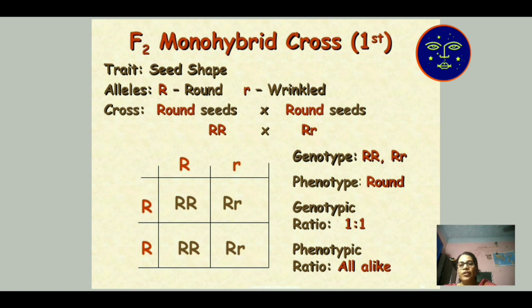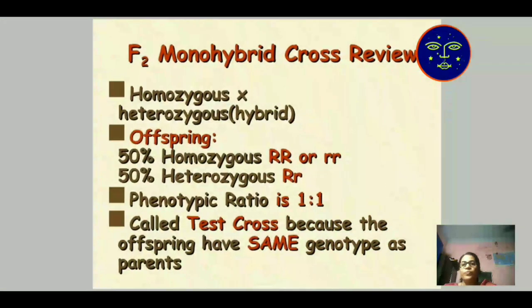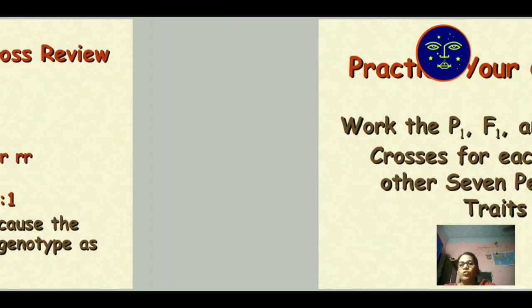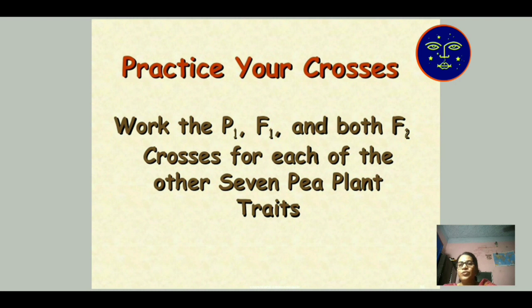But in the phenotypic ratio, we say that all are alike, all are similar. There is no difference between capital R, capital R and capital R, small r. In the F2 monohybrid cross, the result is 50% homozygous and 50% heterozygous cross. Practice your cross.